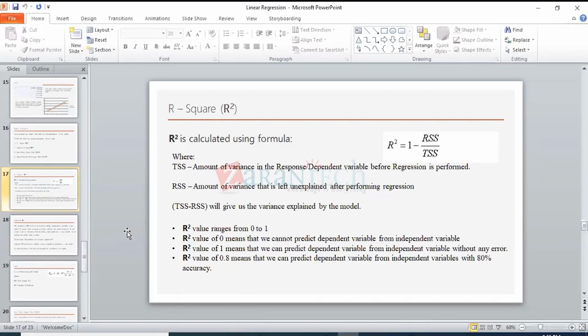Now suppose your R square is between 0 and 1, let's say 0.8. Then you can say that the value predicted from my linear regression model is 80% correct or 80% accurate. Let's say my weight is predicted as 60, so I can say that it's almost 80% correct.